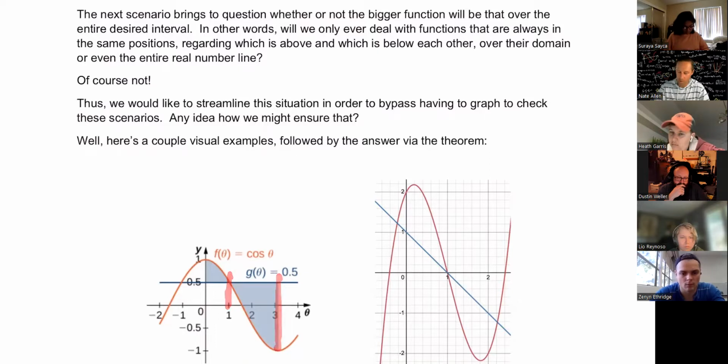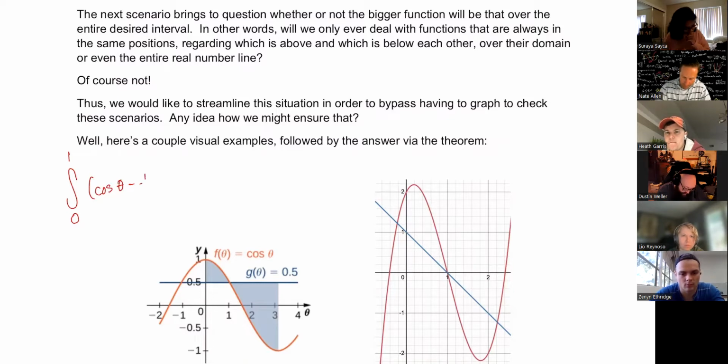So what do you think we would do in order to try to find this area between the curves? Well, do it from 0 to 1 with cosine being the upper bound, and then from 1 to pi over 3 with g being the upper bound. That's right.